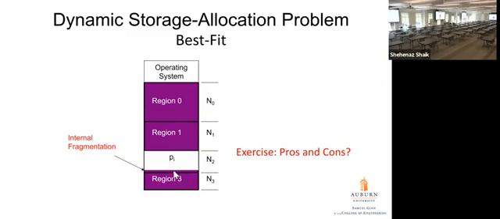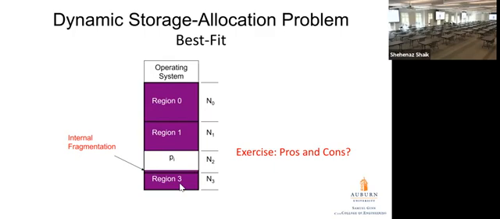That way, the amount of space left out as part of the hole or partition is the least as compared to selecting any of the other partitions. So that is the best fit approach.